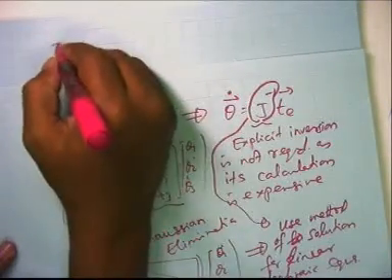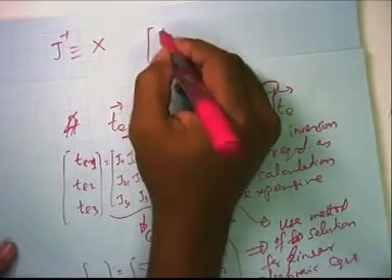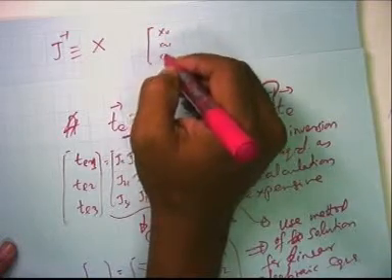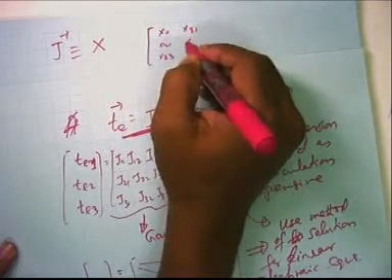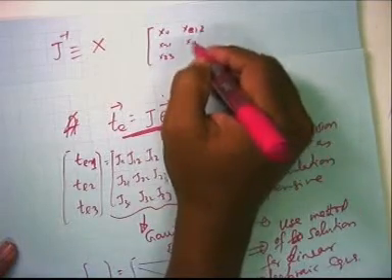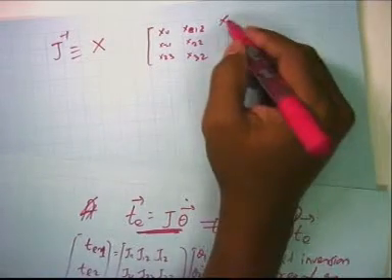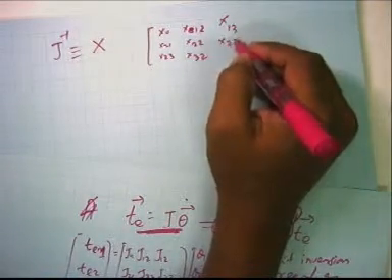Suppose I need J inverse and I say this is equal to x. So, x has x 1 1, x 2 1, x 3 1, x 1 2, x 2 2, x 3 2, x 1 3, x 2 3 and x 3 3.